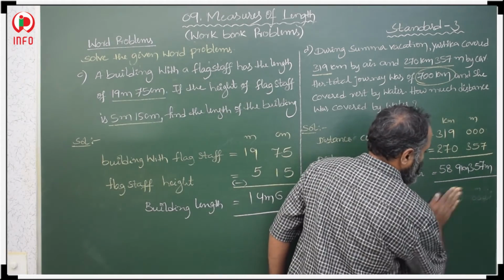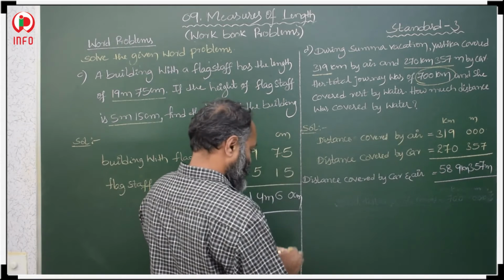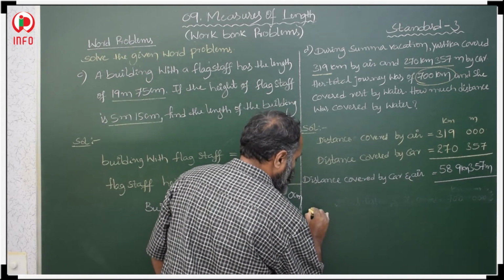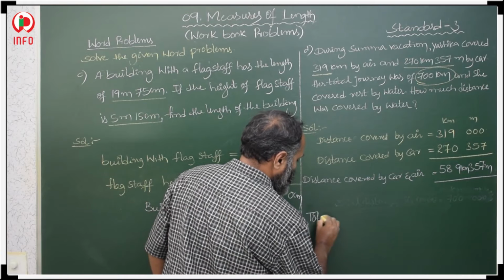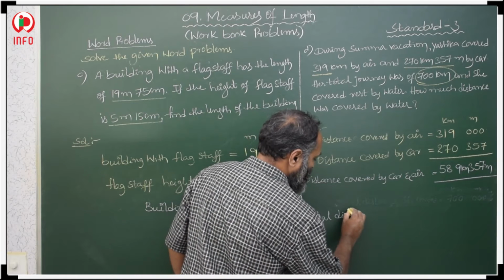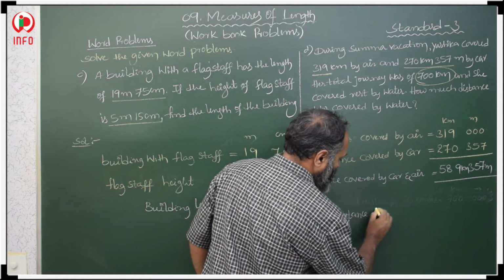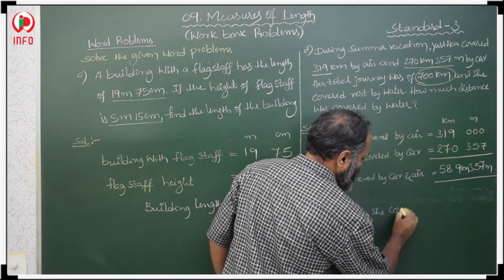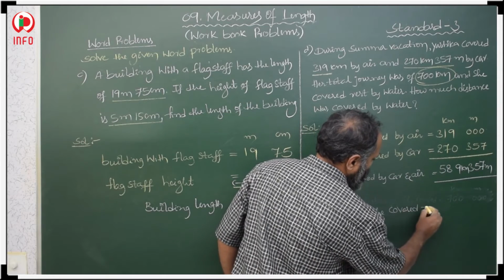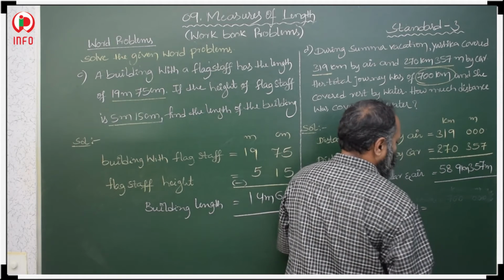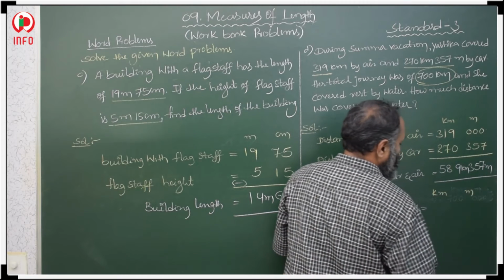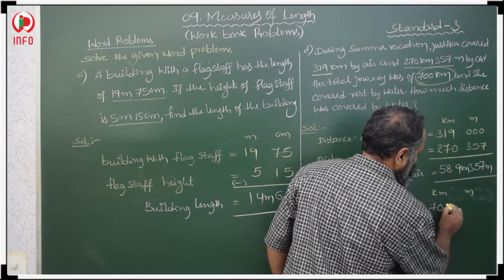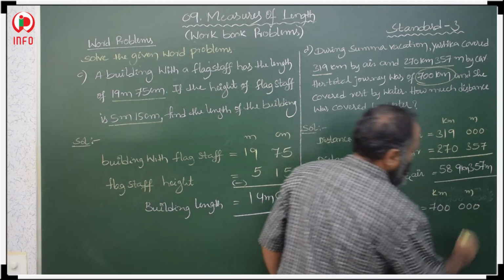Here, total distance she covered. Covered means travelled. How much? Here kilometers and meters we have to take. 700 kilometers, meters zeros.